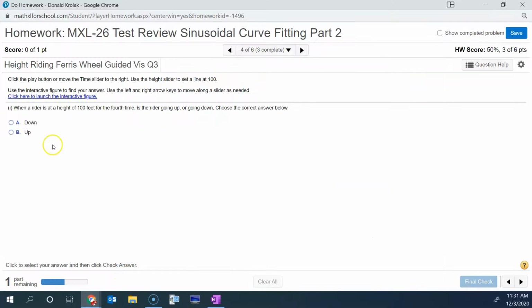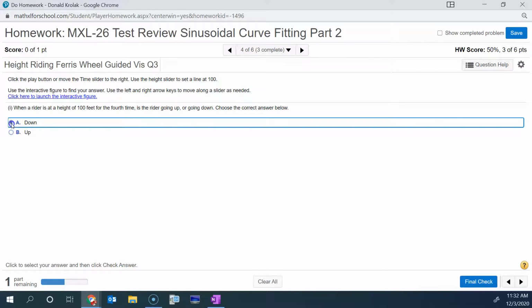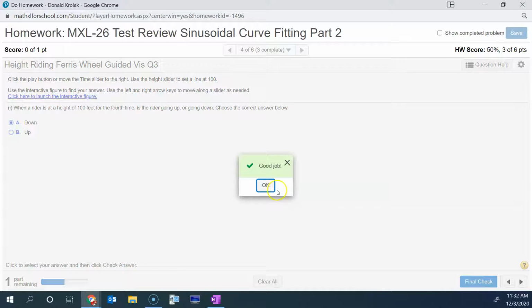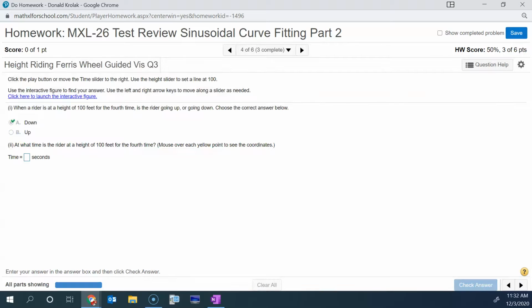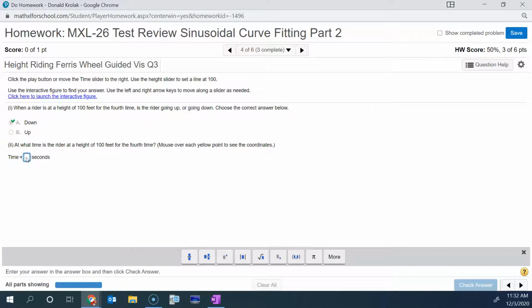So my answer here is I'm heading downward. The time when I moused over that was 233.1.